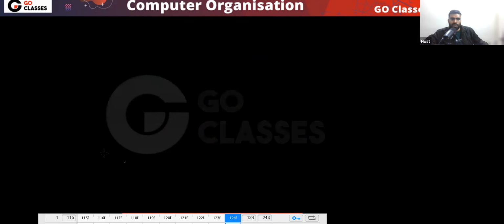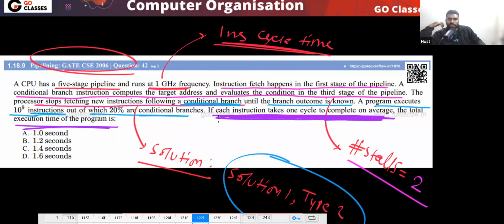Now you can easily see what the execution time is. First you find out average CPI, or maybe you can just find out average execution time. The question is saying that each instruction takes 1 cycle to complete on average. Please see this line.